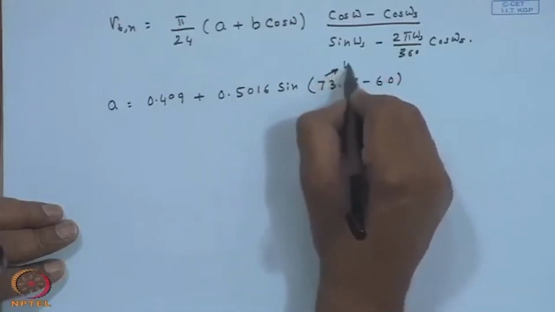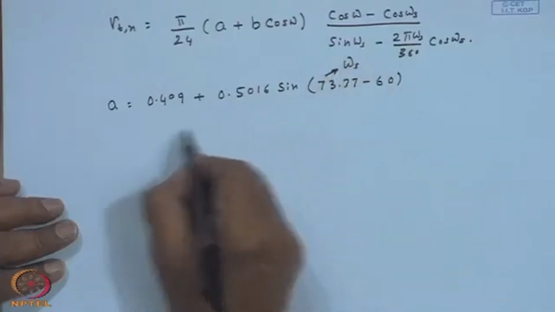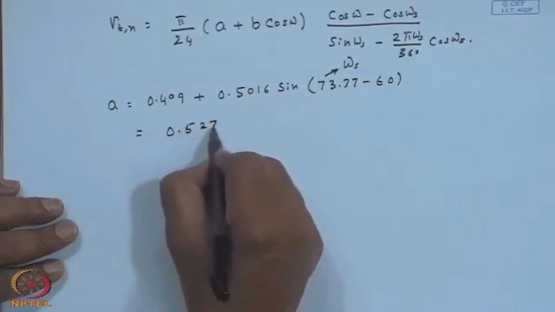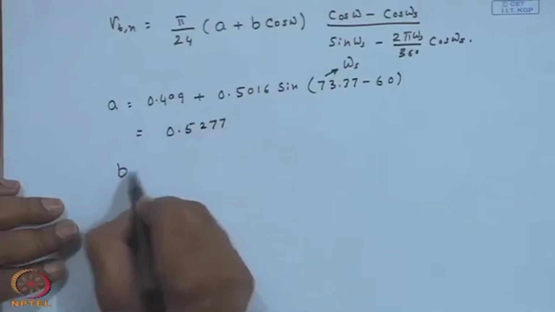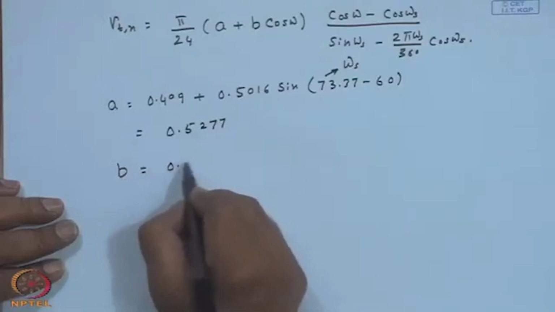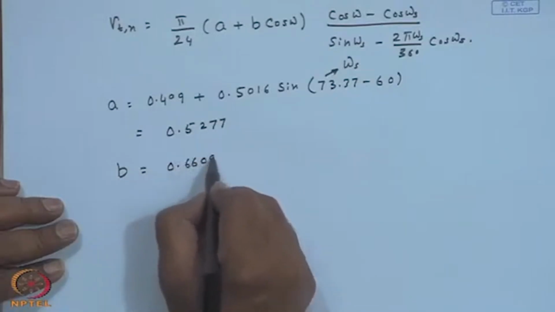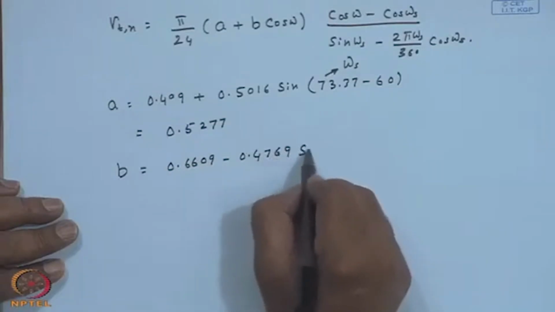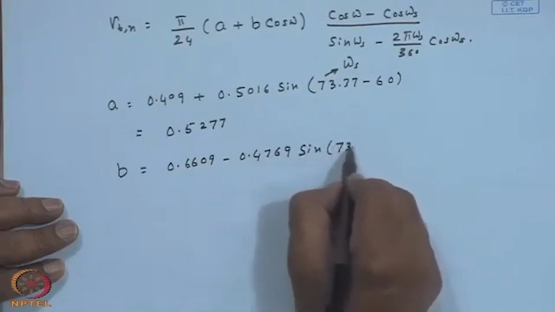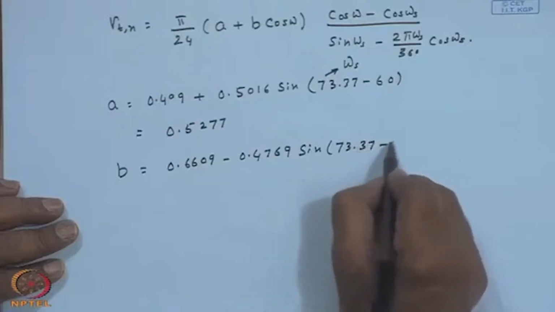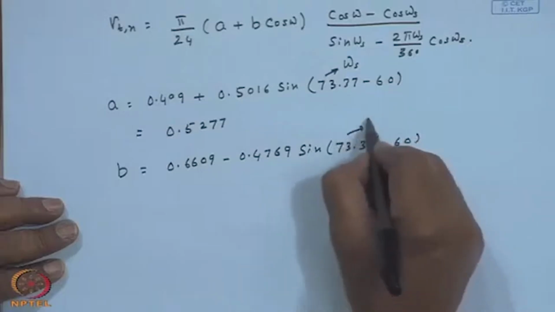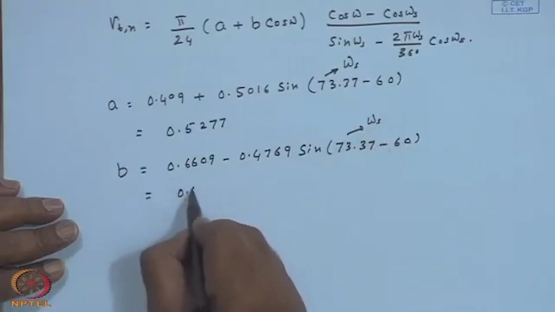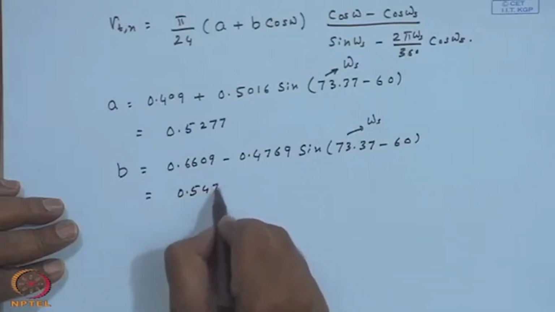Remember that this is omega s, which we have already calculated. This comes to 0.5277. Then B, the constant other, 0.6609 minus 0.4769 sin 73.37 minus 60, the same omega s over here, which will be equal to 0.54795.